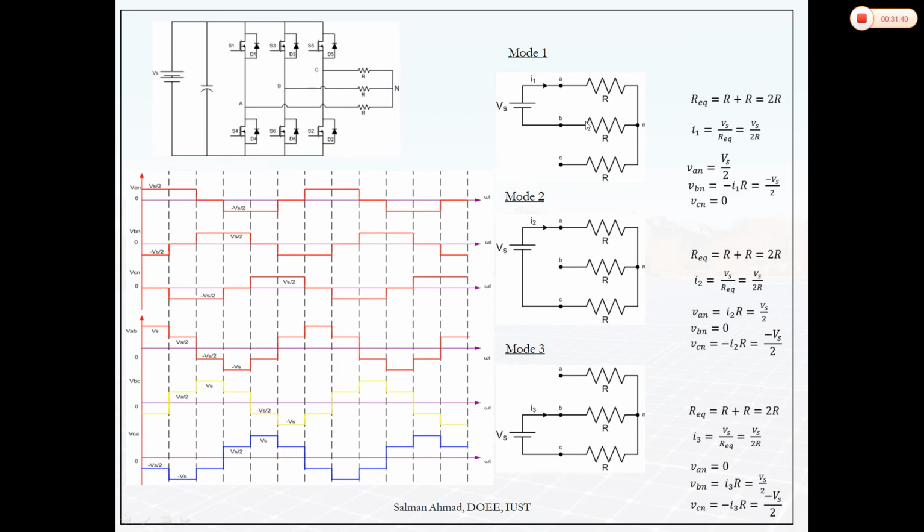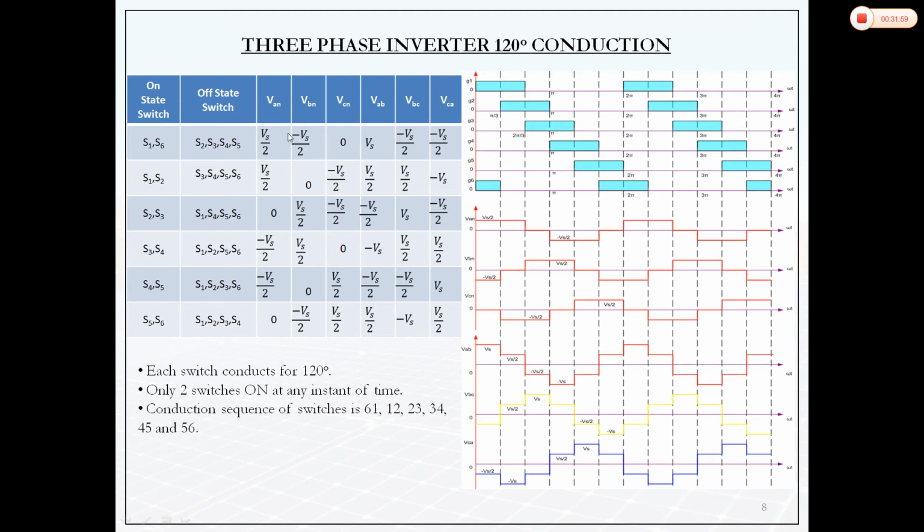Similarly, VBN will be minus I1 into R, so you will get minus Vs upon 2, and VCN will be 0 because there is no current here. So in the table, VAN is Vs upon 2, VBN is minus Vs upon 2, and VCN is 0.